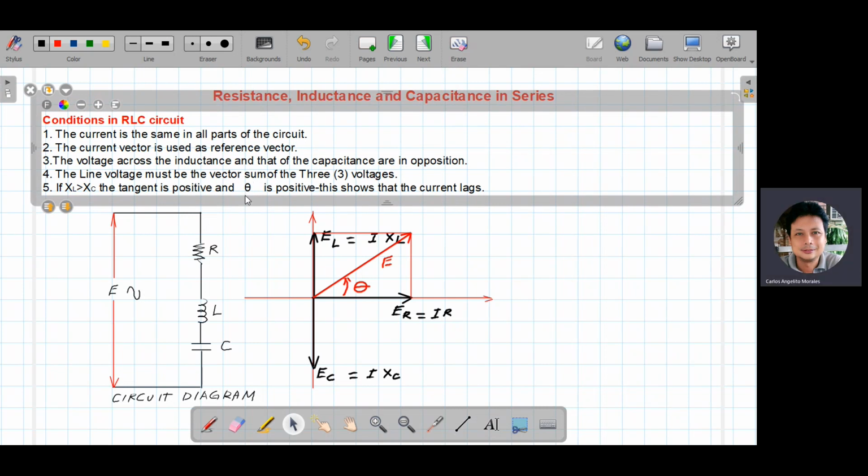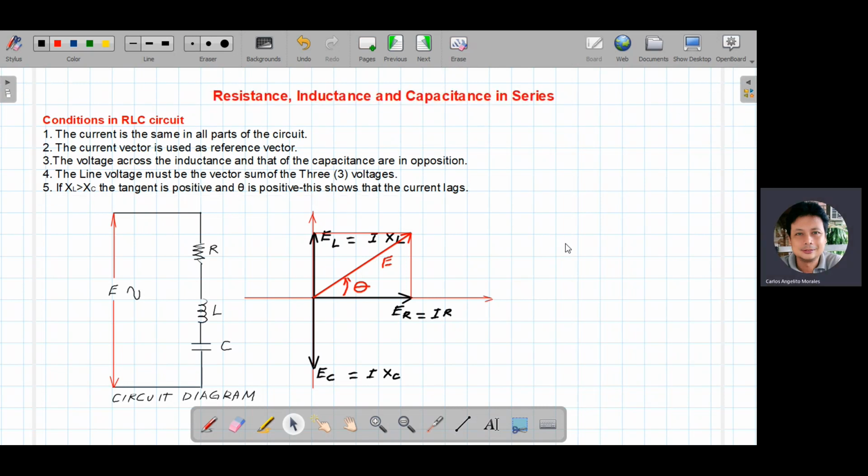Yun, may Greek letter na ako. Para maayos pagdating sa notebook nyo. Kaya, yun. X sub L is greater than X sub C, the tangent is positive, and theta is positive. This shows that the current lags. No?